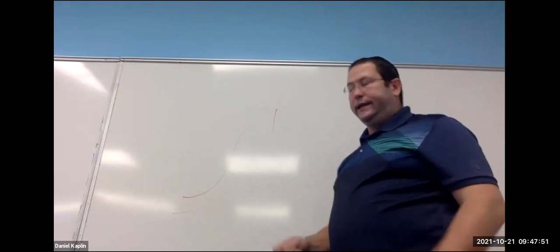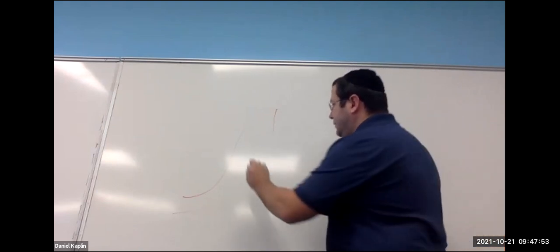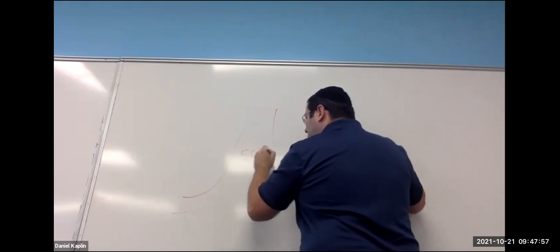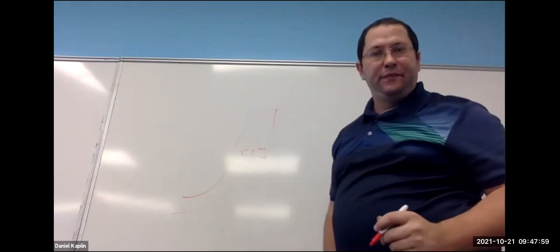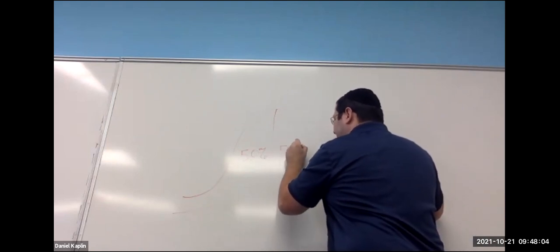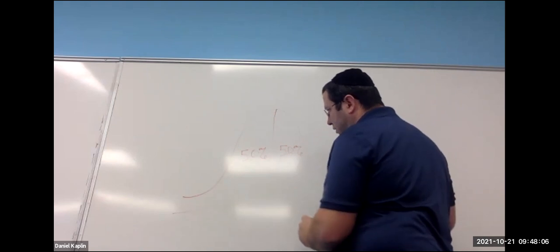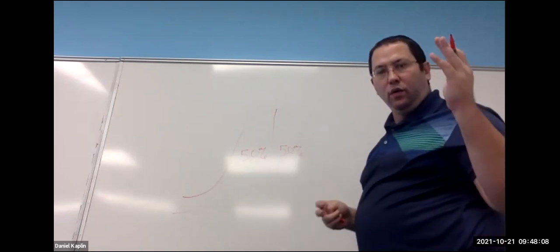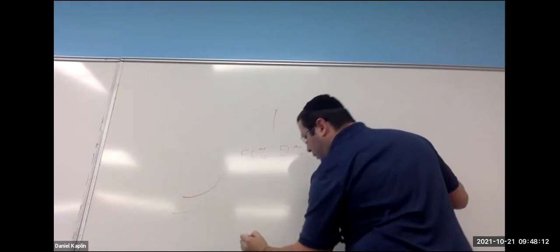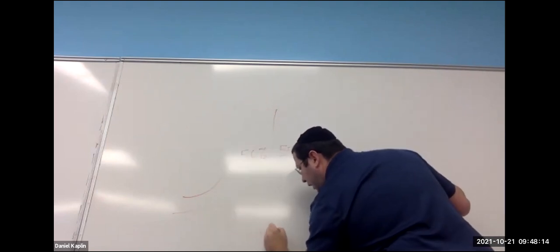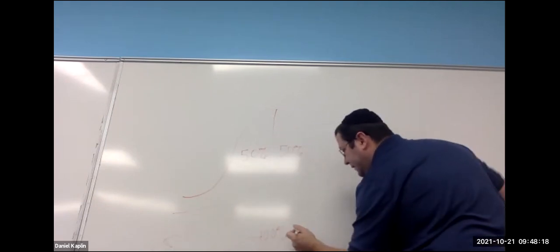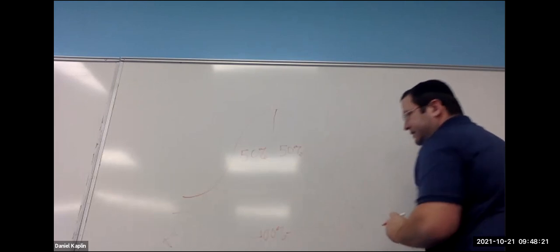So it has 50% on one side, and it has 50% on the other side. So if we were to take the whole bell curve and add that up, we would get 100%, right? Between this side and that side.